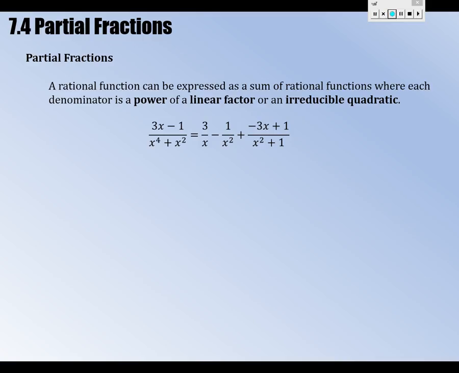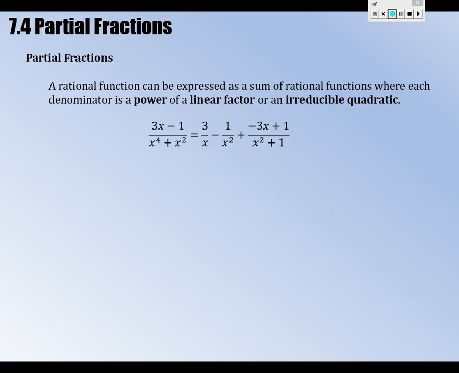So notice here, I have some words to say about what we have here too. Up at the top I have this sentence. Notice that, at the very least, it looks like I can decompose it into denominators that are linear factors, like x is a linear factor, or powers of the linear factor, and also irreducible quadratics and possibly powers of those irreducible quadratics.